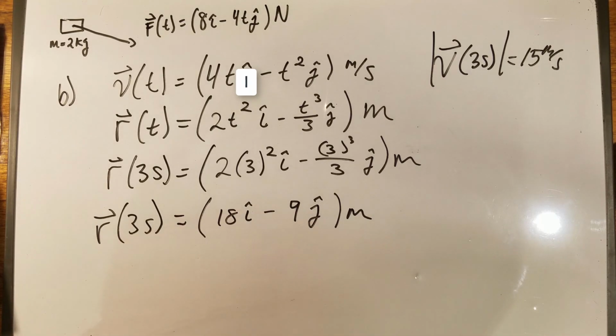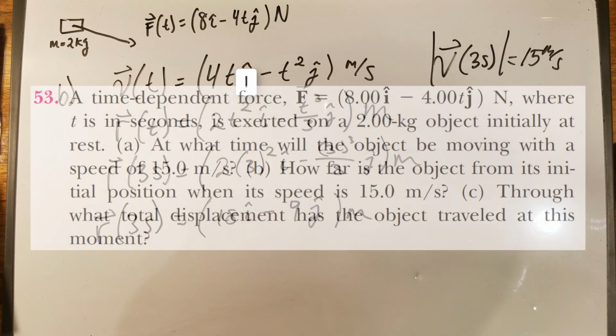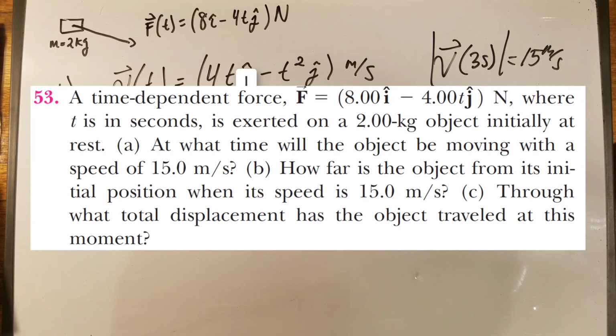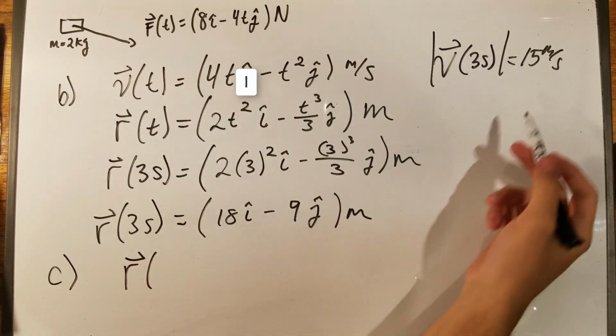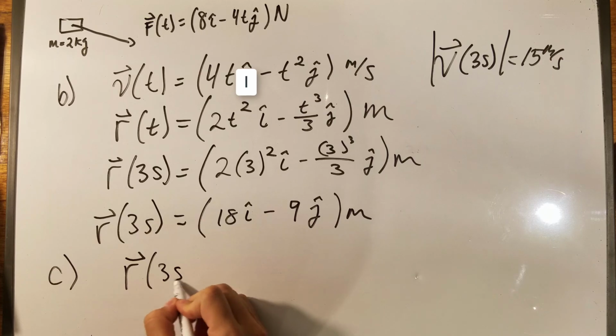We don't have to actually find the magnitude of that vector, which is what part C asks. It asks what the total displacement is, and that's at 15 meters per second, so again 3 seconds.